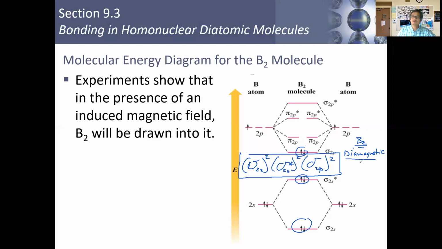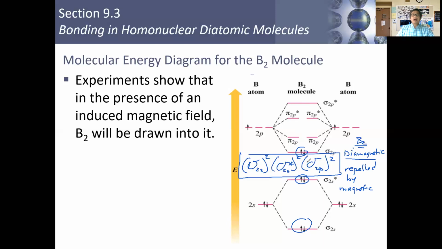So therefore, do we expect diboron to be pulled into or repelled by a magnetic field? We expect diboron to be repelled by a magnetic field. That is our expectation based upon the electron configuration that we came up with here and the order of the molecular orbitals.